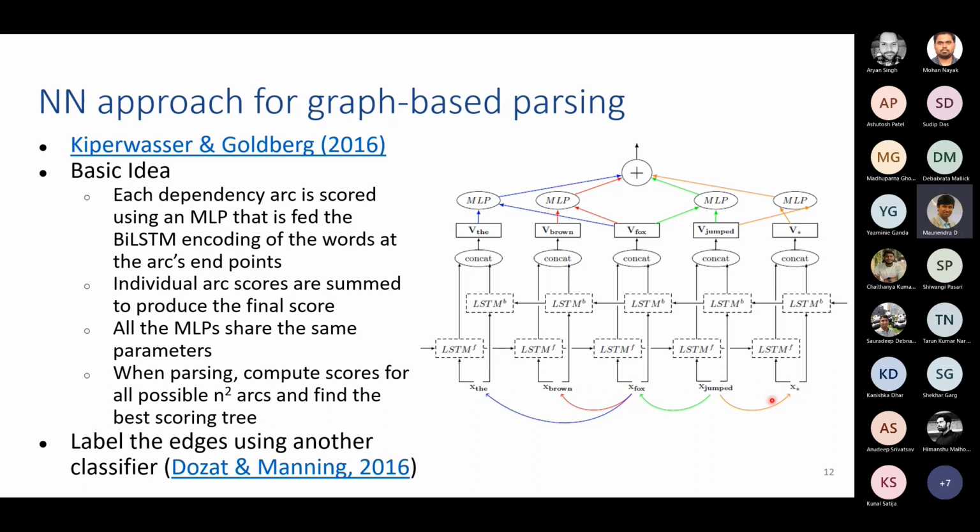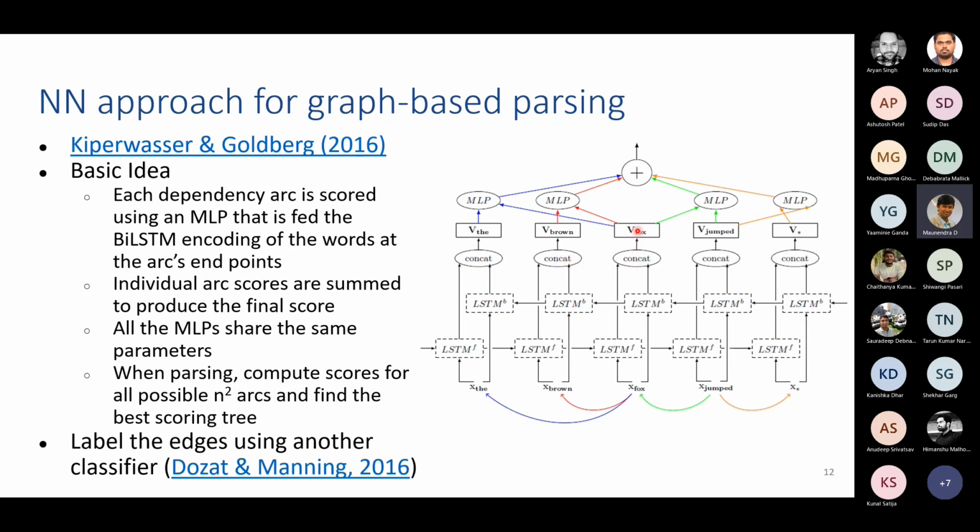From fox to brown, there is a possible edge, right? Now for fox to brown, we need to find a score. How do we do that? We get the representation of fox coming out from the BiLSTM. We get the representation of brown coming from the BiLSTM.